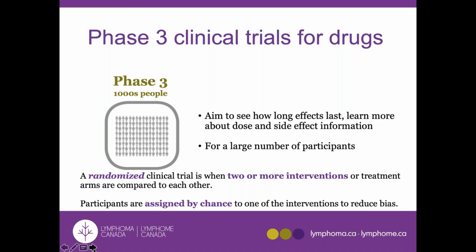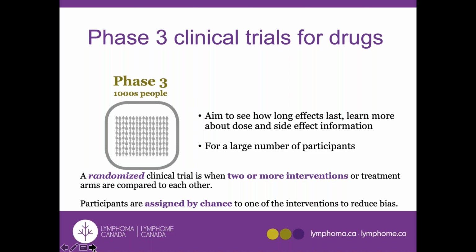As an example, in phase 3, we might look at if there's an existing drug that's used as a standard of care for this condition. The so-called control would be people who are taking the standard of care drug, and the intervention or treatment arm would be the people who are receiving the drug that's under study.